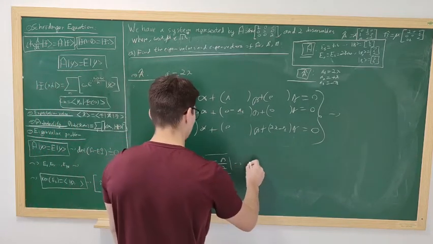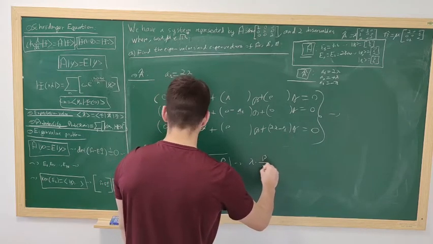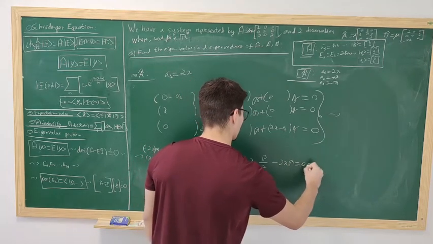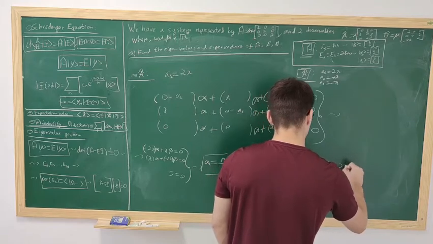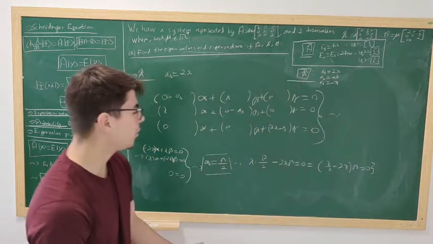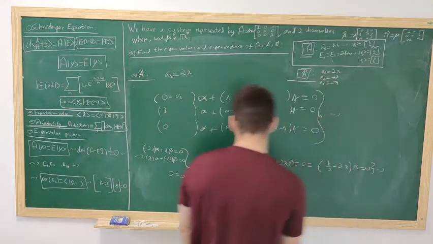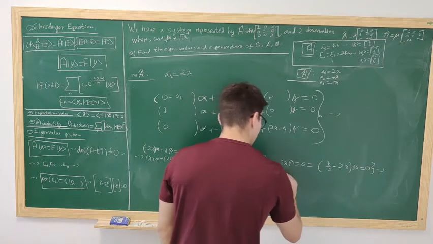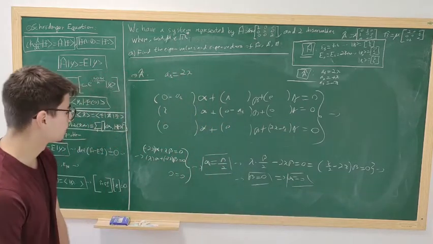And if we substitute in the other one, we get that lambda times alpha, which is beta over 2, minus 2 lambda beta is equal to 0. Lambda over 2 minus 2 lambda, times beta, is equal to 0. This can only hold if beta is 0. So beta is 0, and this implies that alpha is in turn 0.